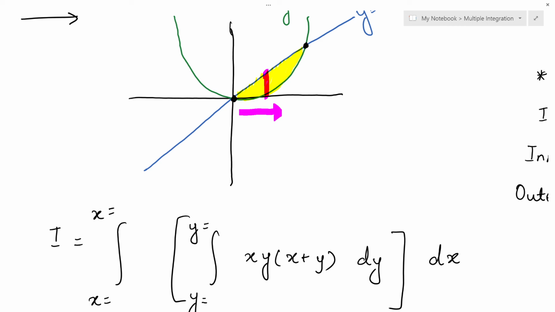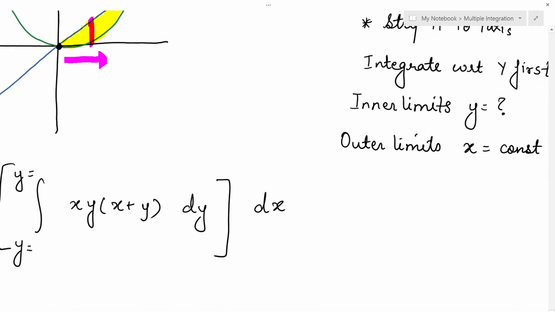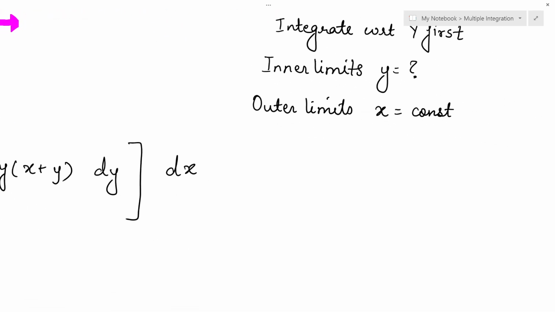Point of intersection, substitute one curve into another. Okay, so you will do this in rough. If you can do it orally, it is easier. But okay, I'll do this since it's the second sum only. One curve I am getting y is equal to x. Another curve I am getting y is equal to x square.